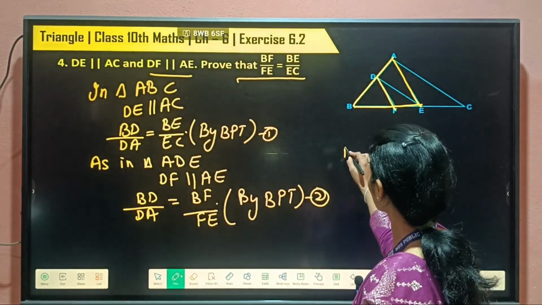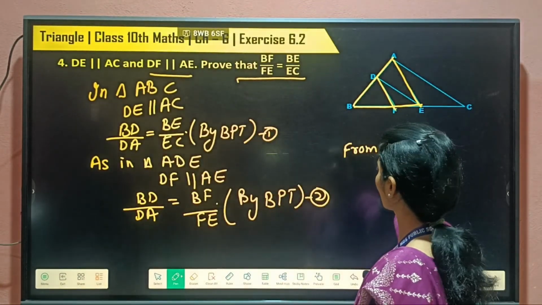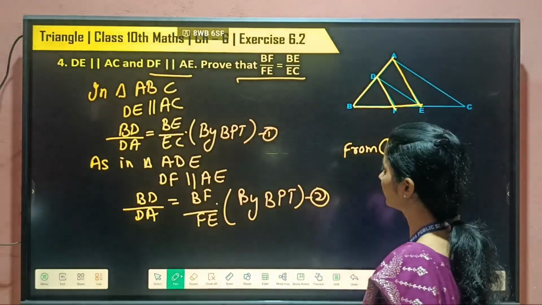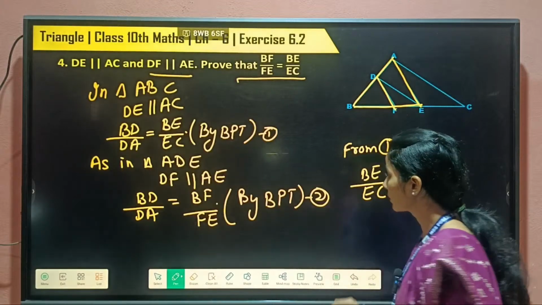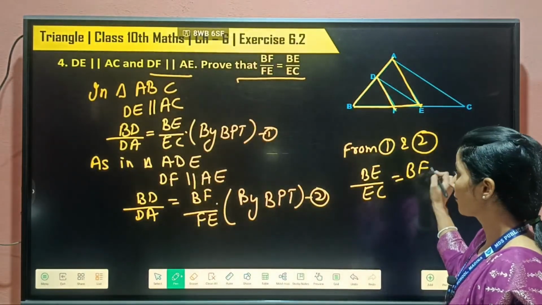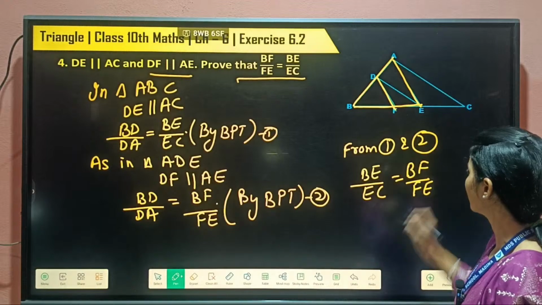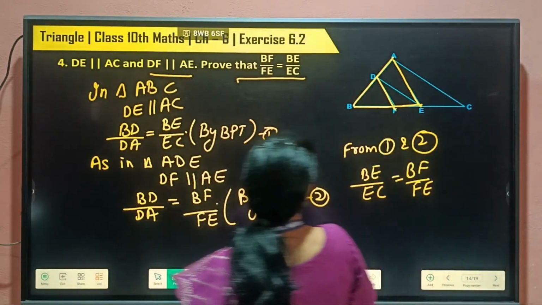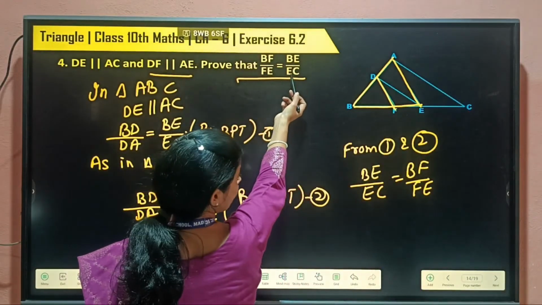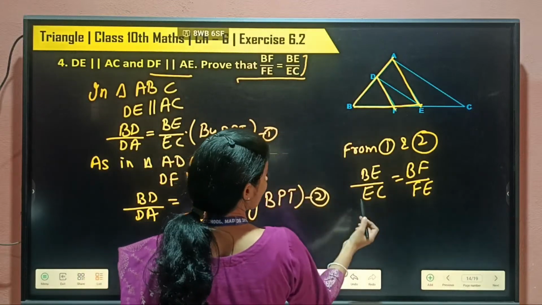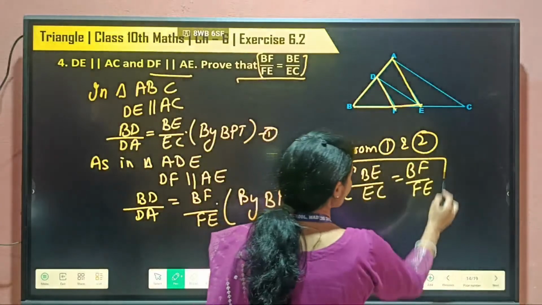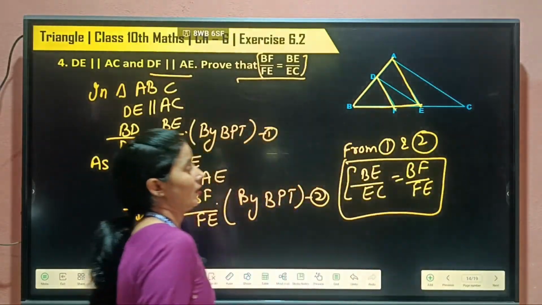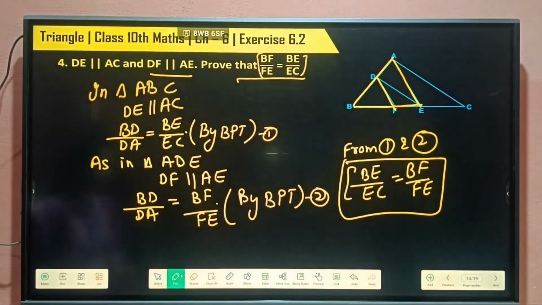It will be from 1 and 2, BE by EC equals BF by FE. And what was to prove? BE by EC equals BF by EF. Same. Hence proved.